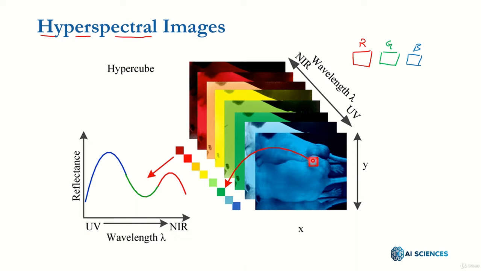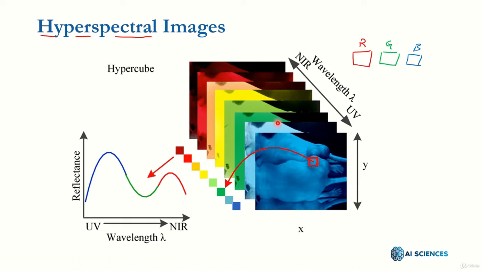So one pixel will have a red value, a green value, a blue value, a near infrared value, an ultraviolet value, and maybe several other values depending upon how many bins of wavelengths are designed and how many sensors there were to capture each bin individually.